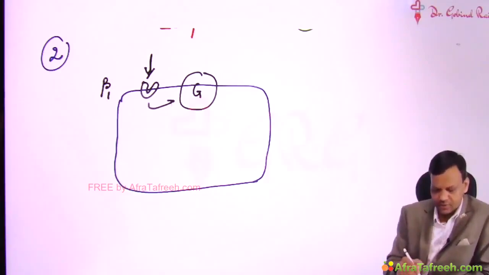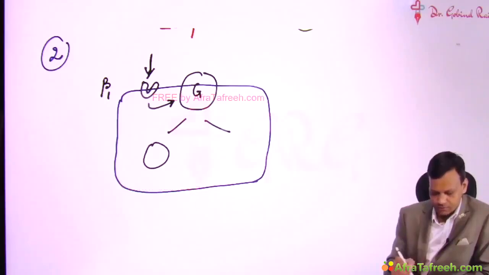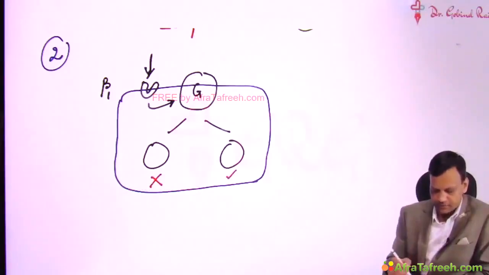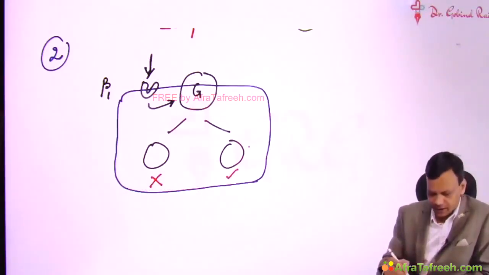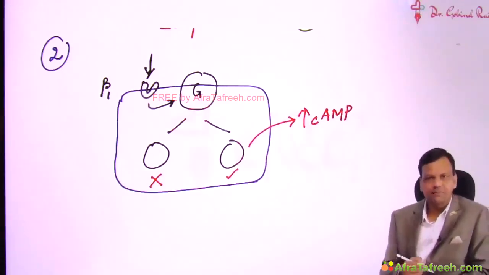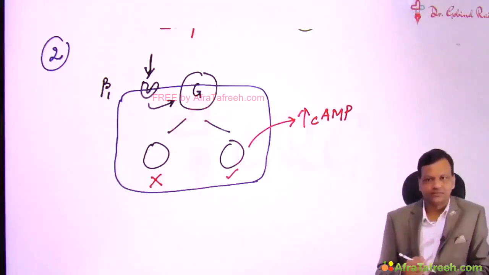The receptor will stimulate the G protein. The G protein breaks into two components. One is inactive and one is active. And this active component, in case of beta 1 receptors, acts by increasing cyclic AMP. So basically it is cyclic AMP which will stimulate the heart.